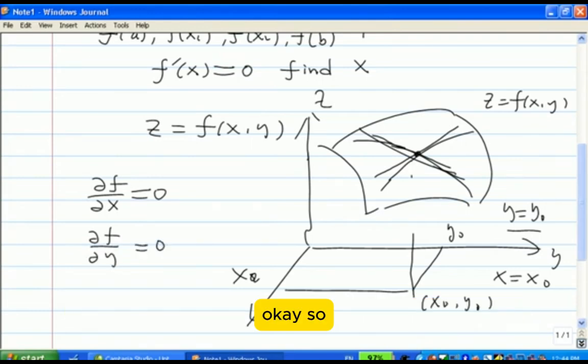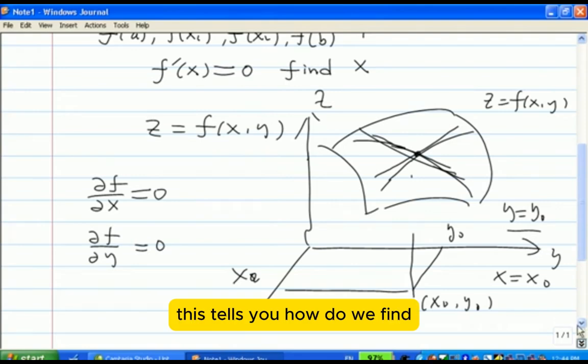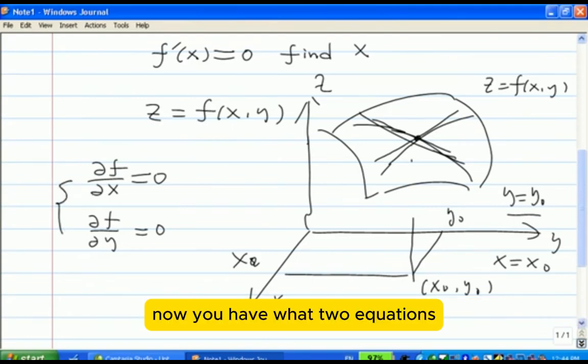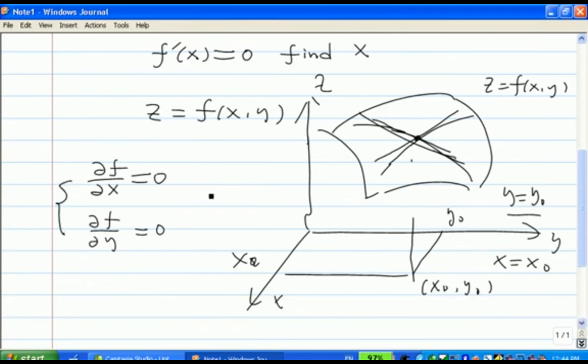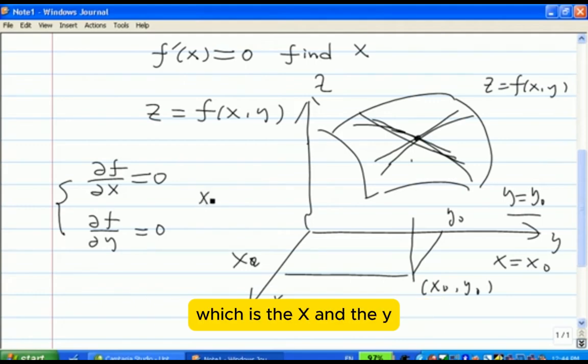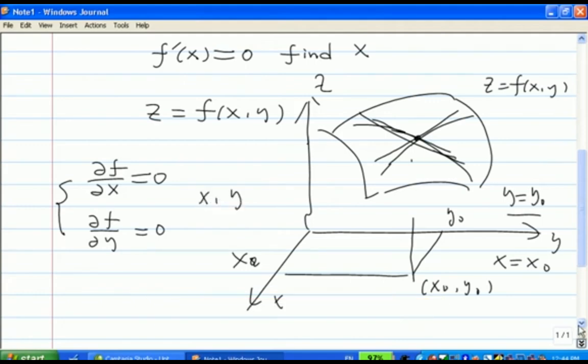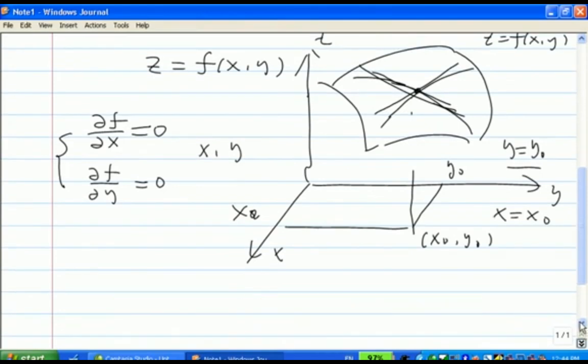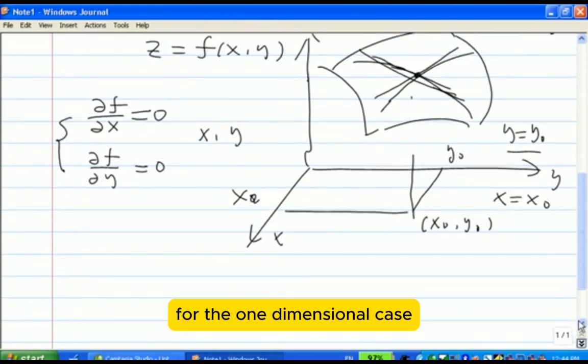So this tells you how to find the point where you achieve your local maximum. Now you have two equations, so we can find the two unknowns, x and y. Those are just like the critical numbers we had before for the one-dimensional case.